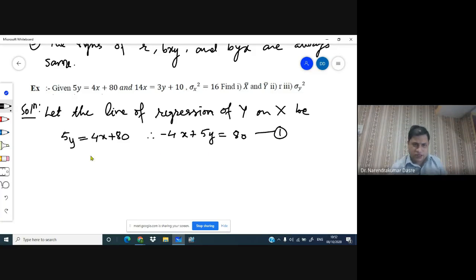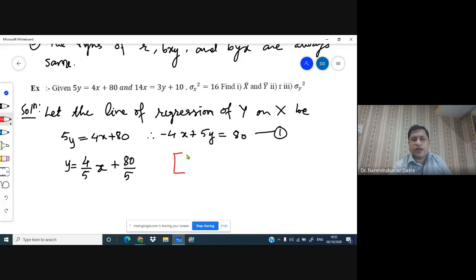Y in terms of x. So I take this 5 to the other hand side. So I'll have y is equal to 4 by 5 times x plus 80 by 5. Okay.